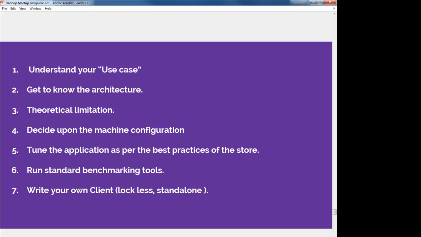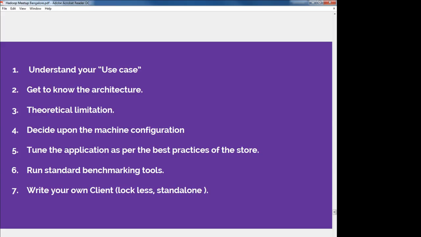Use the store as per its best practices. Every store recommends its own best practices. SSD tuning parameters may be one such example. Similarly, they want their RAM dedicated as so many GBs, and so on. So tune it before you start the benchmark. They also come with their own benchmarking tool supporting their store.